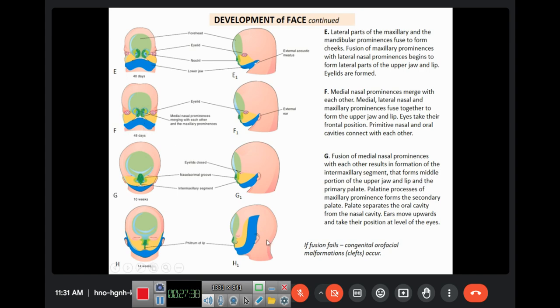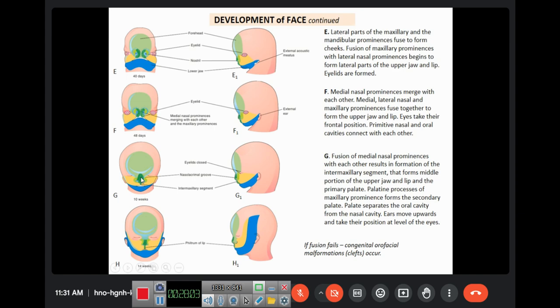And in next stages, the fusion of the medial nasal processes together results in the formation of the so-called intermaxillary segment. This intermaxillary segment will form the middle portion of the upper jaw and lip, and also the primary palate.